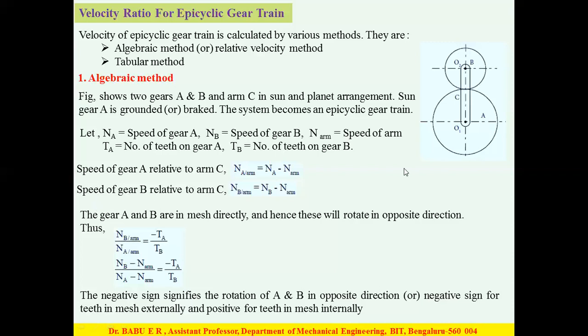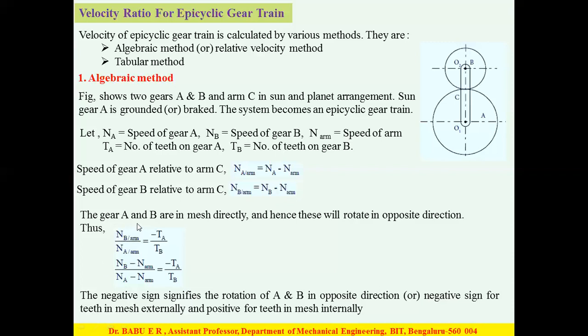Similarly, the speed of gear B relative to the arm is NB minus N arm. So this is very, very important.